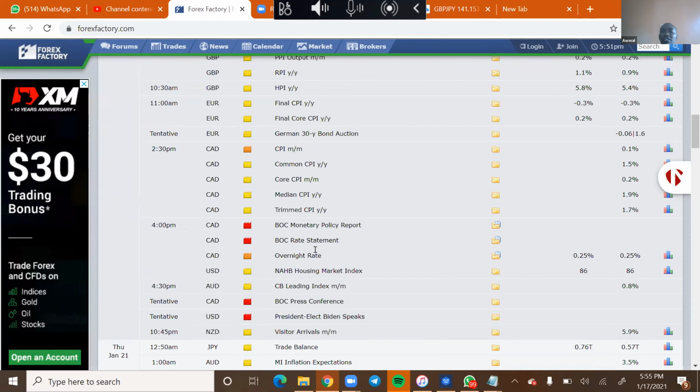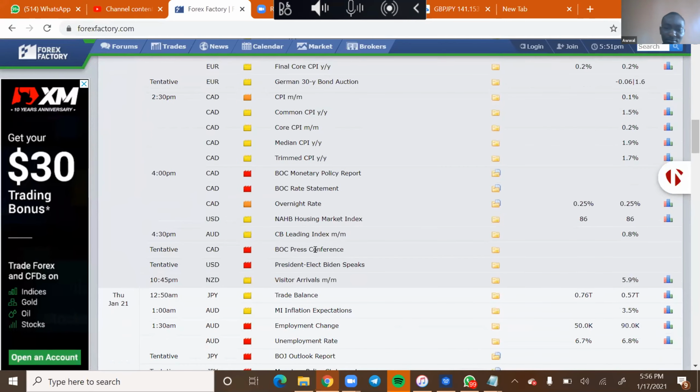As a newbie, you are not going to trade Canadian dollar for that period. I'm going to advise, let's say from 3 p.m., either you close out your positions on Canadian dollars, or you reduce your position, or you make sure your stop loss is there. So look out for that on Wednesday.